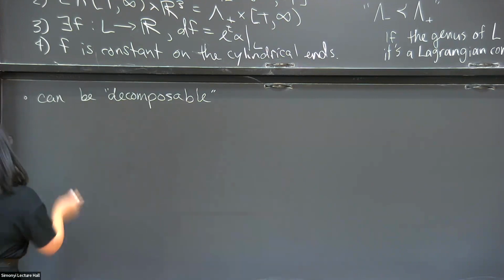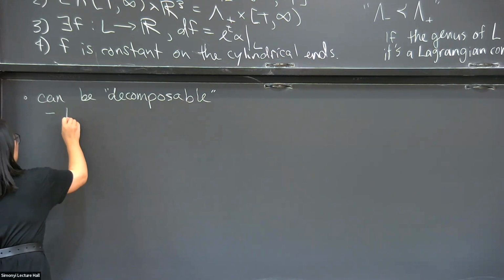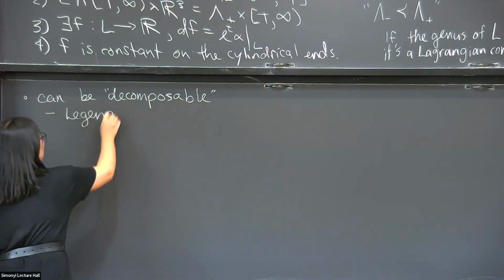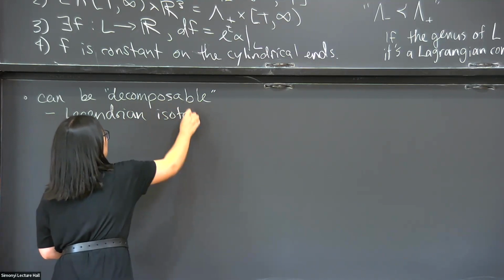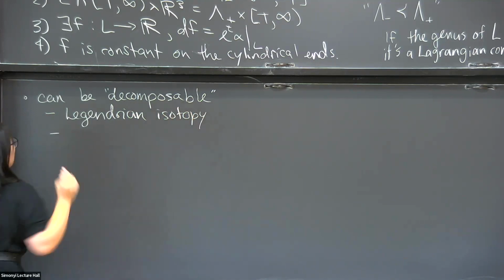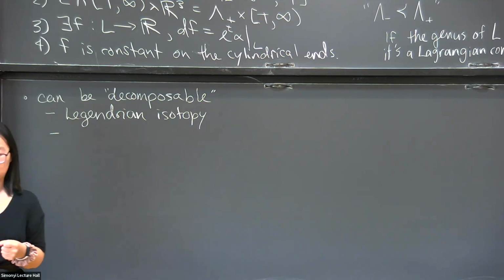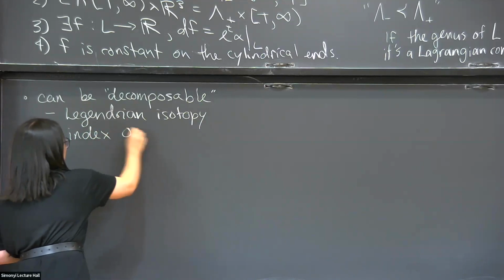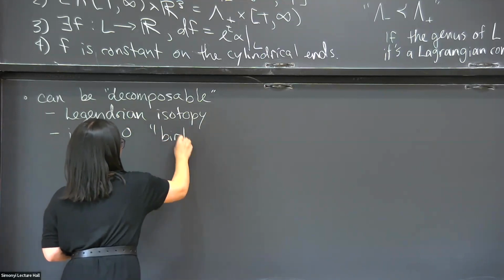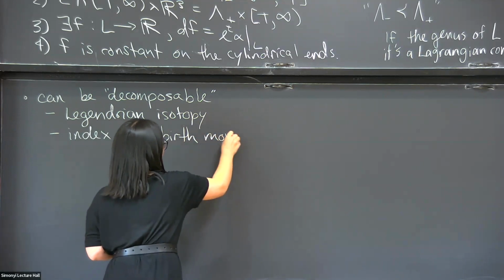So those pieces are going to consist of Legendrian isotopy, plus index 0, what we call birth moves.